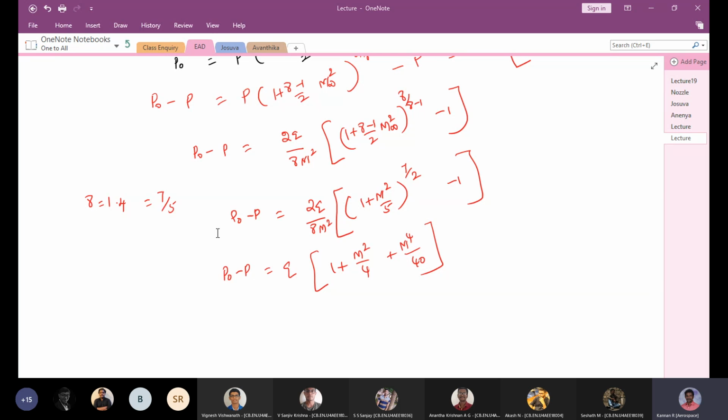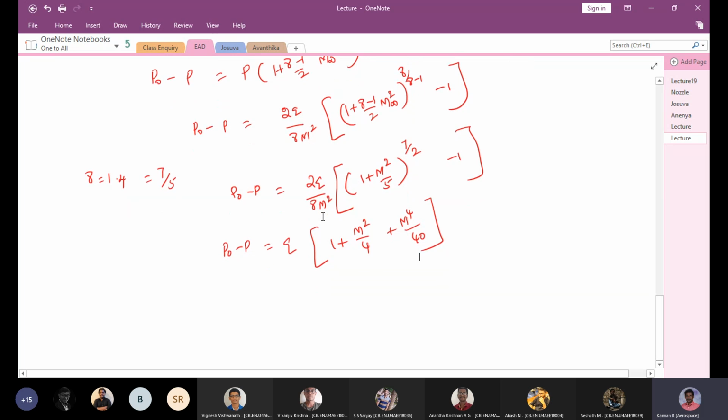Now what will happen when M is equal to 0? It matches your incompressible form. When I put M equal to 0 or 0.3, it's going to be close to that. P naught minus P is equal to Q, something close to that. It's going to be nothing but your incompressible form. M is going to be somewhere near 0, up to 0.3 also you can put it. It's going to satisfy the incompressible form.